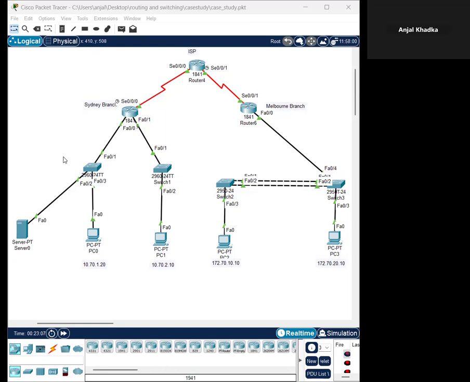The current network diagram you are seeing in Packet Tracer is perfect for small businesses, but there is a major problem when it tries to expand the branch. The first problem is the routing protocol.